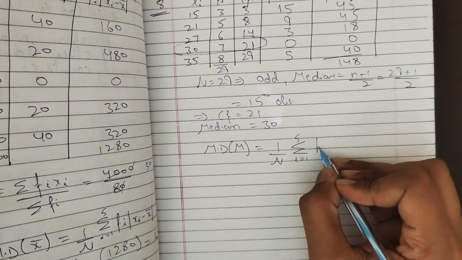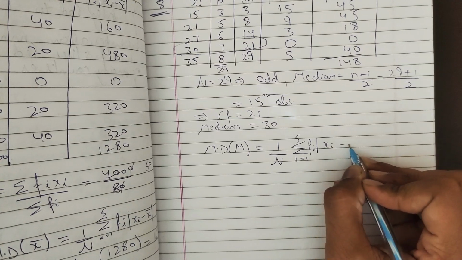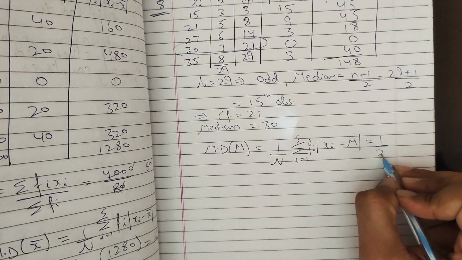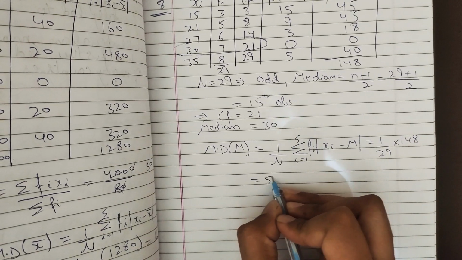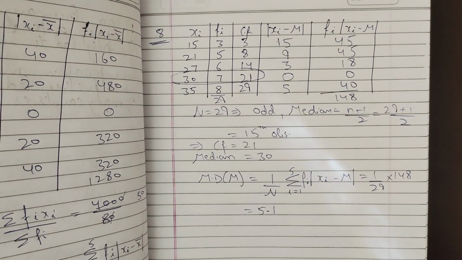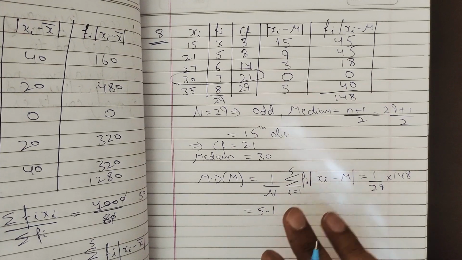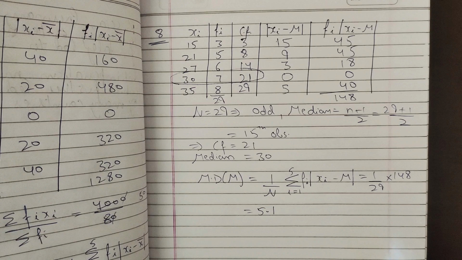Sigma fi times |xi minus M|, right? Which is equal to 1 upon 29 multiplied by 148, which is equal to 5.1. So 5.1 is the mean deviation about median for this question. In the same way you can do question number 7 also. Pause the video and note down.